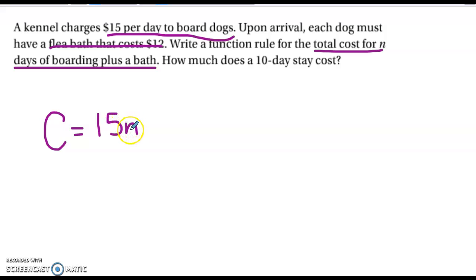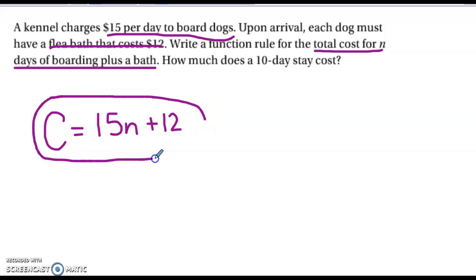So if you're 1 day, you're at $15. 2 days is $30. 3 days is $45. But everyone needs a one-time flea bath, which costs $12. So we have to add $12 to that cost. Now, you don't multiply 12 by n because the dog is not getting a bath every day. It's just one bath. So you take 15 times the number of days and then add 12 to that. So that is our function rule.